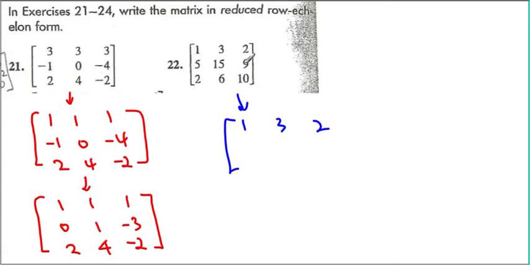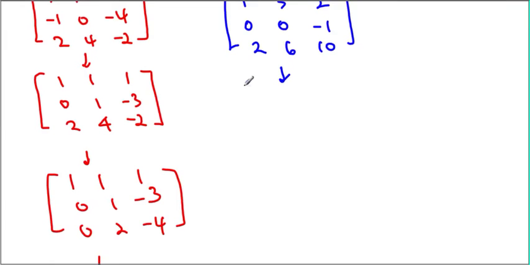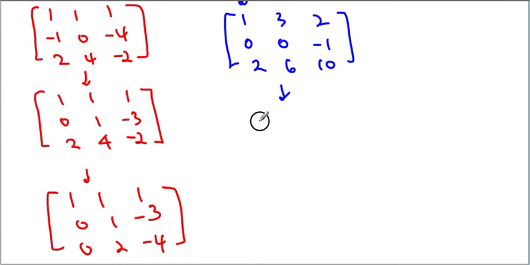And then when I add them up with this one, I'll be getting 0, 0, and negative 1, and 2, 6, 10. Now what I can do is switch these two rows, keeping this one positive by multiplying by negative 1. I'll be getting 1, 3, 2, and then 2, 6, 10, and 0, 0, 1.